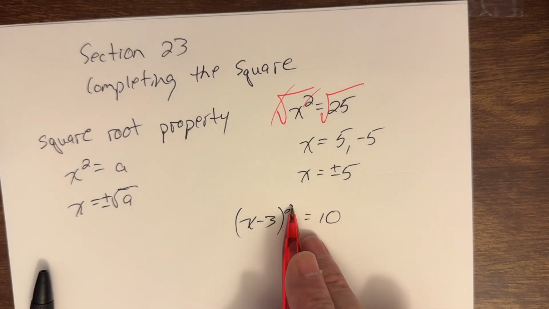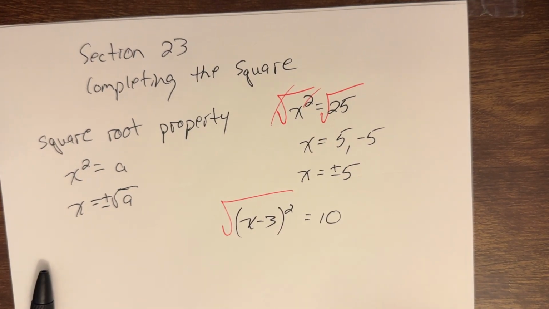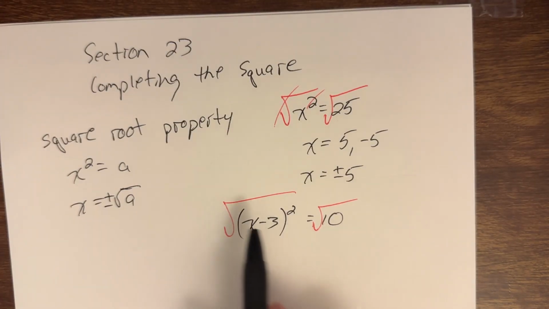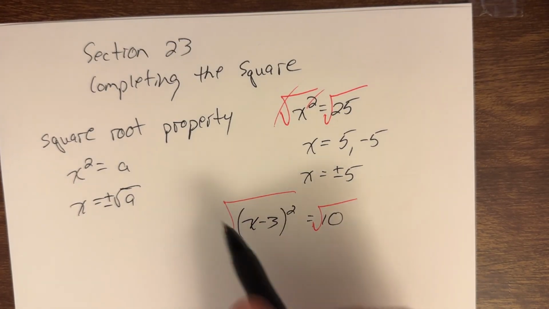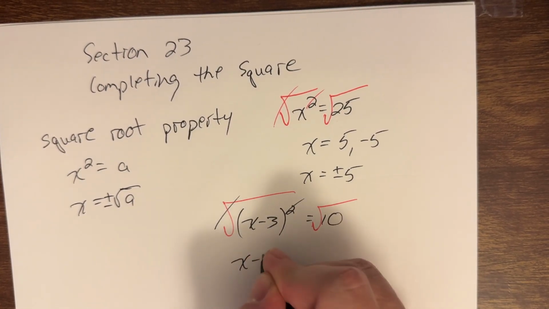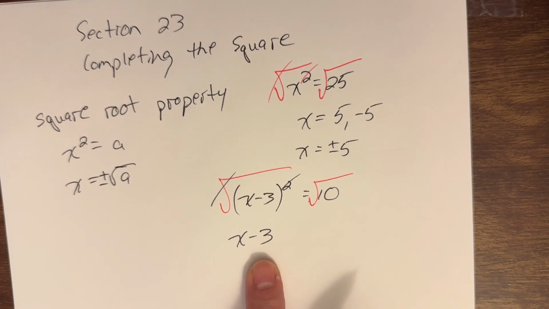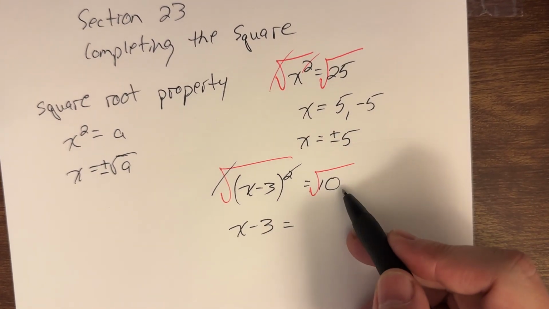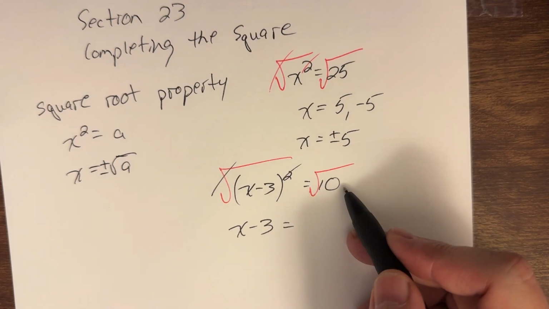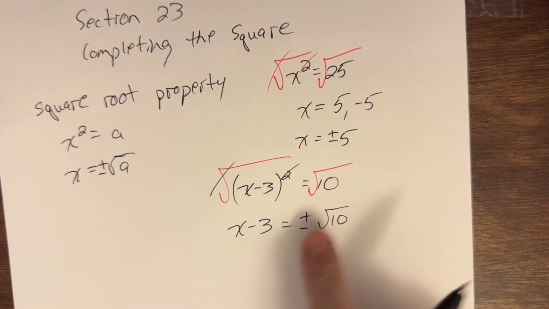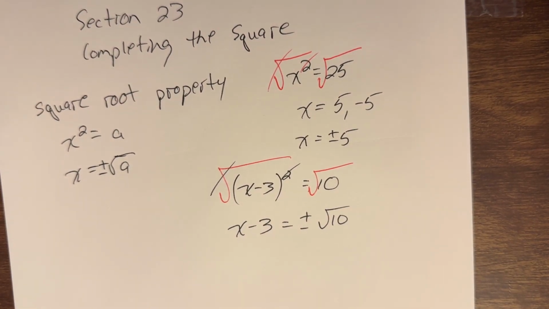The outermost piece is the square. I'll get rid of that with the square root. So I'll bring the square root on both sides. On the left side, it cancels here and here. So I wouldn't just get x, I would have the quantity x minus 3 come down. On the other side, well, if this was a perfect square, or if I could reduce it, I would. But unfortunately, 10, nothing good comes out of that. But I am going to still need that extra plus minus.